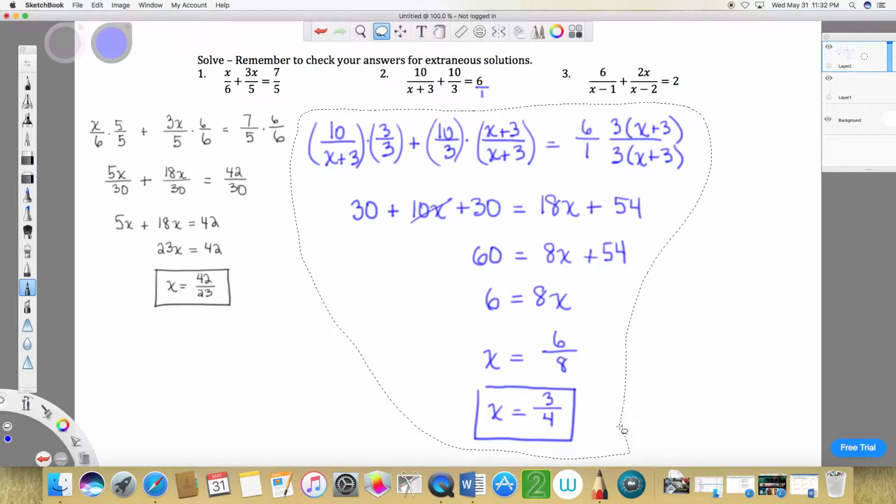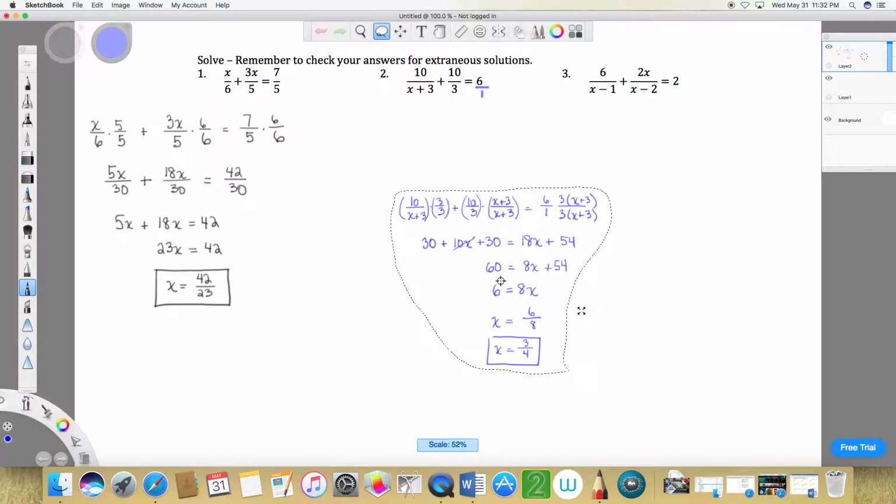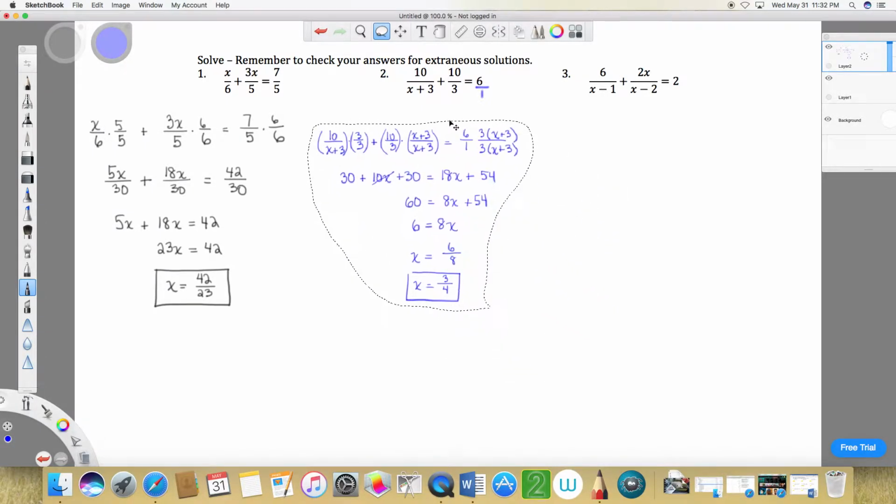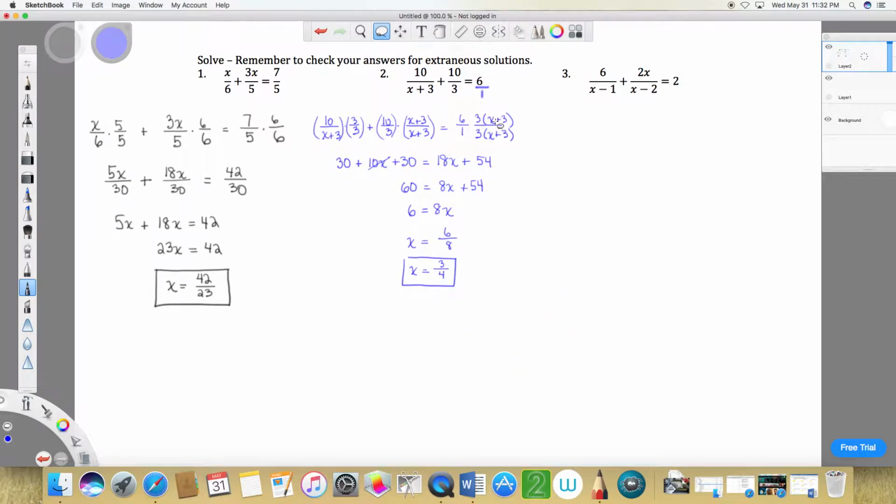Oh, now remember it said to check for extraneous solutions. Maybe I should make a comment on that, because what would have given us an extraneous solution? Well, we can look right here in this factored form, and we can see that x had better not be -3, because if I'd gotten a solution of -3, plugged it back into my original equation, -3 plus 3 would have given me a 0 in the denominator, and 10 divided by 0 is undefined, and we can't have that.